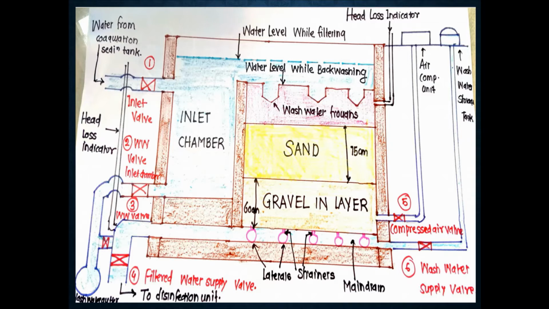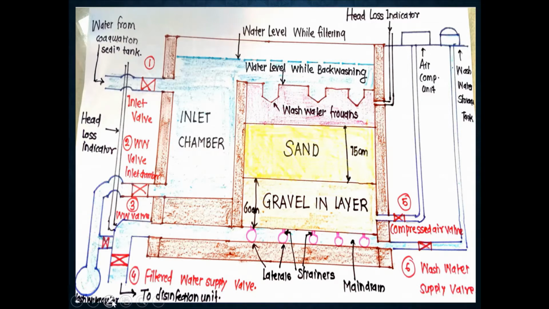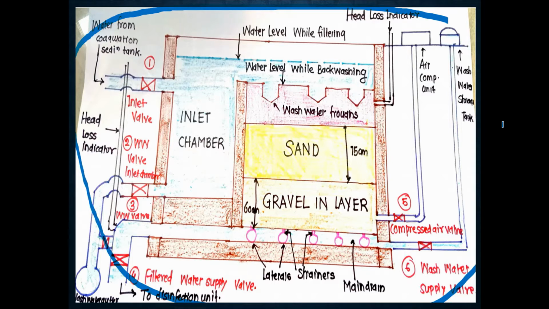And this is the overall diagram. It is a two-dimensional diagram, and as I discussed in the previous class also, you should draw this diagram when a question is asked related to the construction and working of the rapid sand filter.